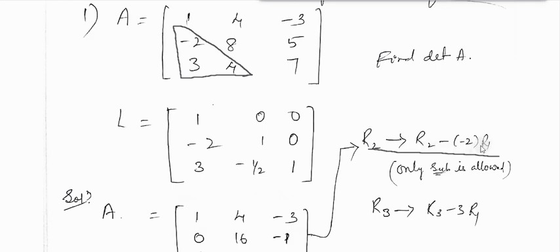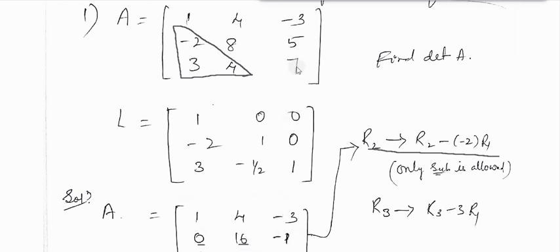With this transformation, the second row changes to 0, then -2 plus 2 is 0, then 8 minus of minus 2 into 4, which gives 8 plus 8, which is 16.